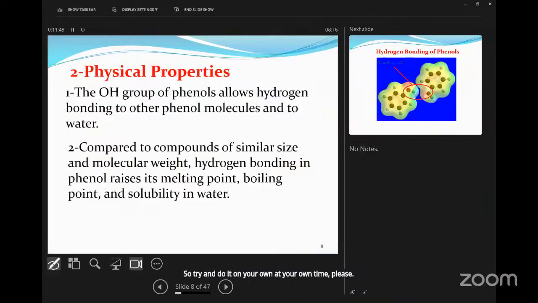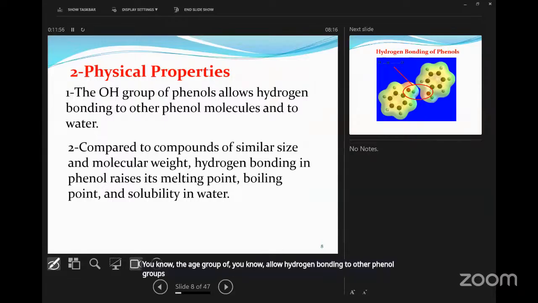Now, the OH group of phenol allows hydrogen bonding to other phenol groups. In fact, phenol has very good hydrogen bonding characteristics. They can bond to each other when they are together. And that makes their bonding very strong, and it will also increase their boiling points.